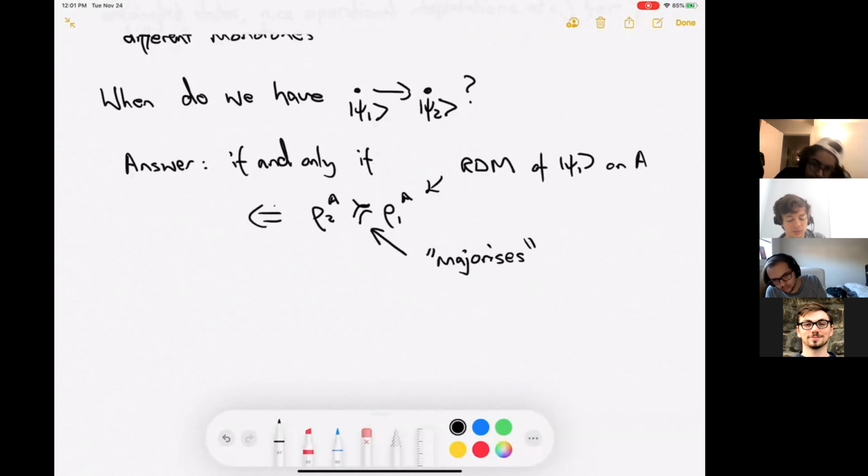Actually this is equivalent. You might ask why A rather than B. We could have written it in terms of rho 2B and rho 1B instead. That's a completely equivalent definition.